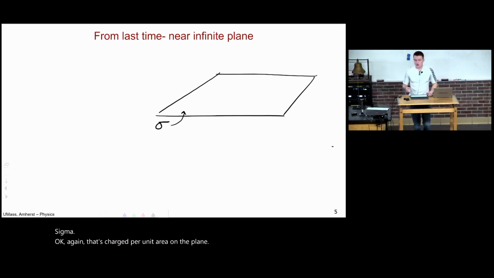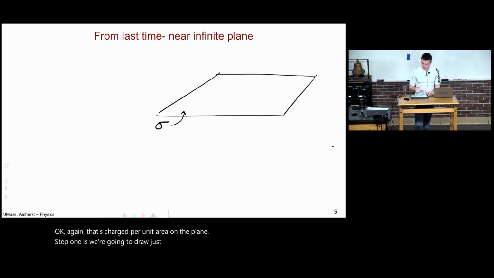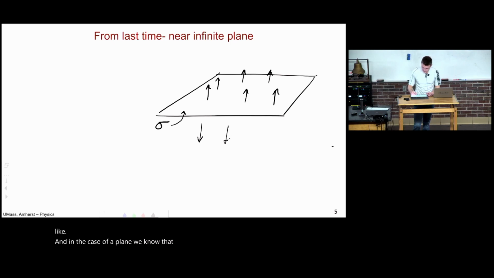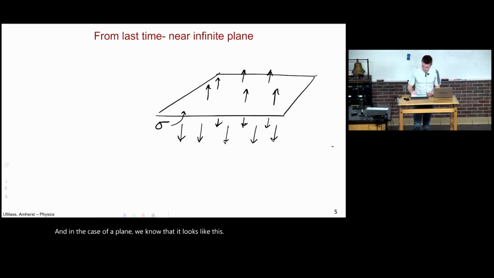Step 1 is we're going to draw, just by sketching, what the electric field arrows look like. And in the case of a plane, we know that it looks like this. Okay.